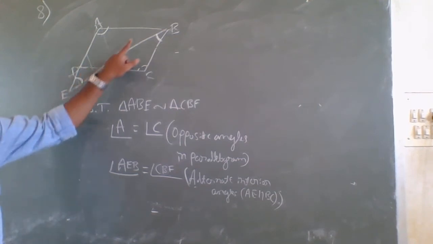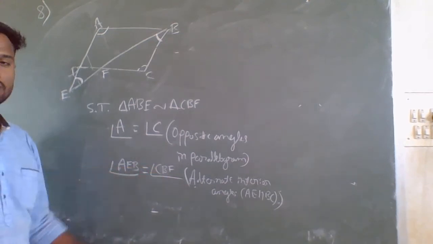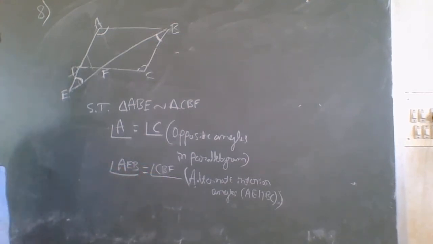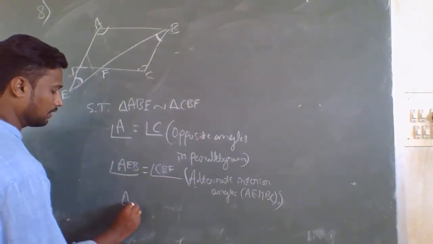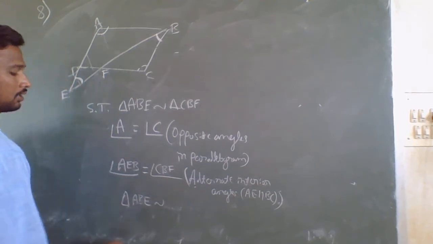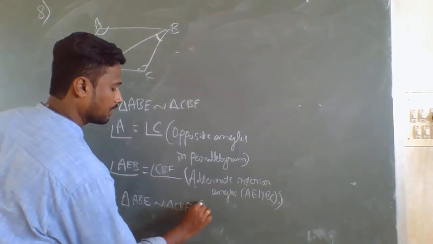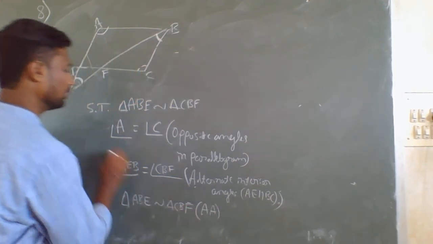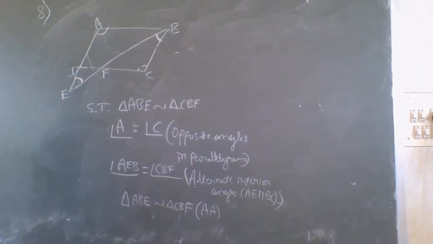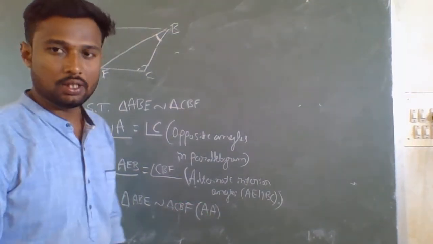Therefore these two angles are equal. Now we can write that triangle ABE is similar to triangle CBF by AA. Here two angles are equal, so the remaining angle will be equal only. Therefore, by angle property, these two triangles are similar to each other.